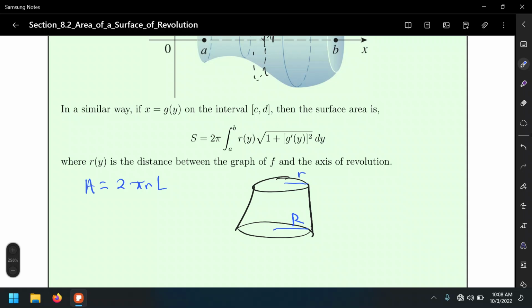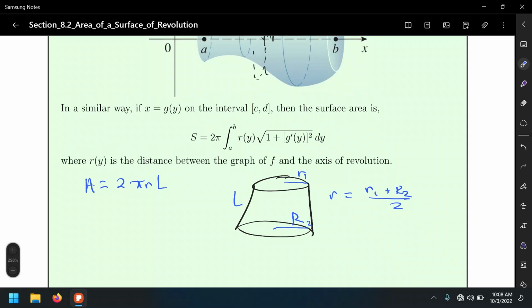So what we want in this case is just to find the average radius. So R will be, actually let's call them R1 and R2, R1 plus R2 over 2. That's just the average of the radii in this case. And this L right here would be the length. It's like the height, but in this case it's really the slant length.